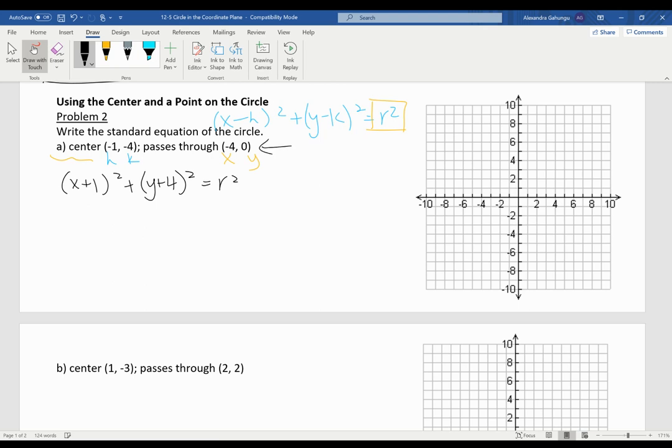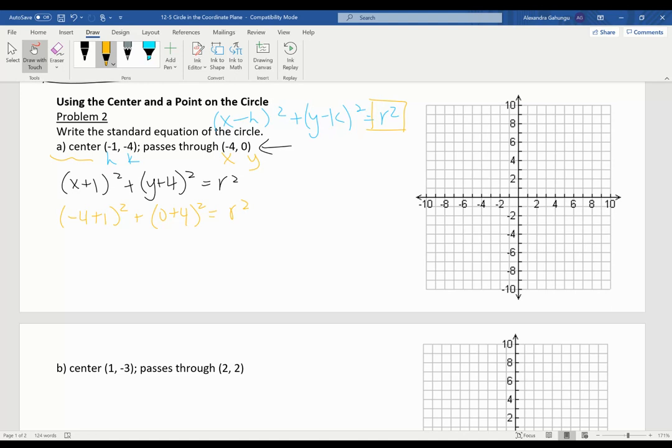Now I'm given x and y, so I plug those in. So instead of having x, I'm going to have -4 plus 1 squared plus y, which is 0 plus 4 squared, equals r squared.